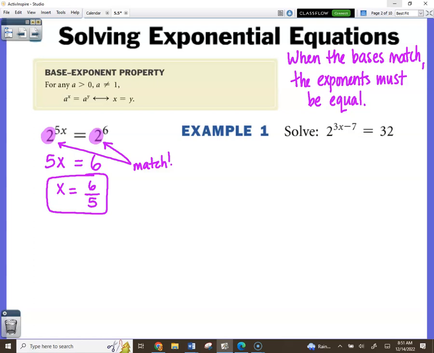Count it out: 2 squared is 4, times another 2 would be 8, times another 2 would be 16, times another 2 would be 32. So you can tweak this by saying 32 is actually 2 to the 5th power. And now they match.